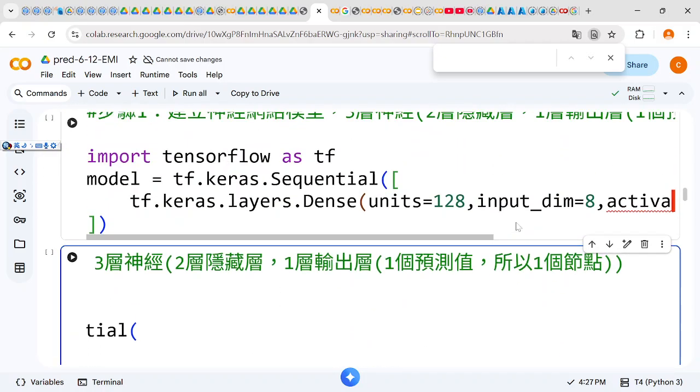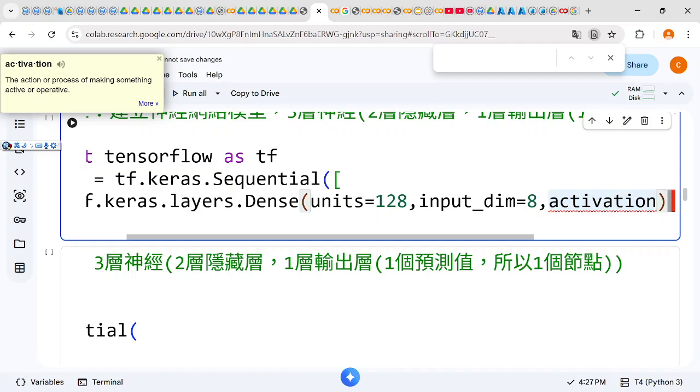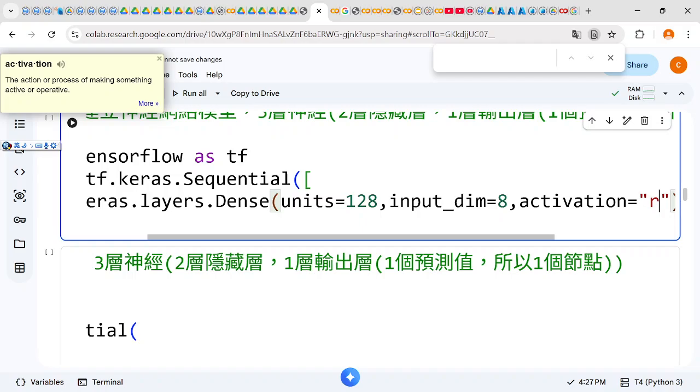Why do I have an error? Is this right? Activation equals the value.